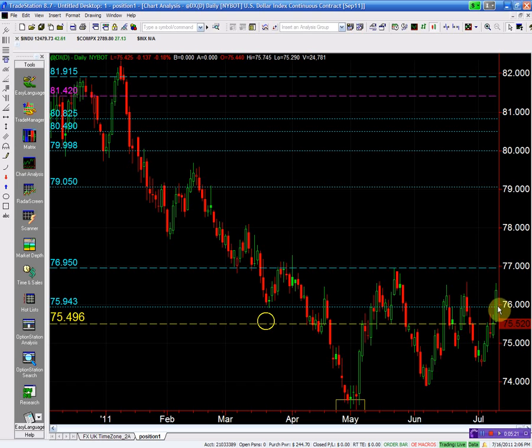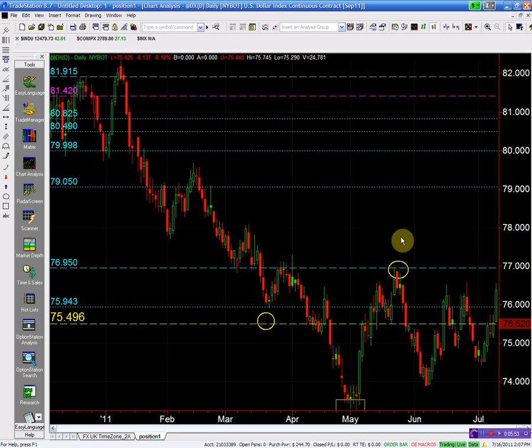And then of course if it breaks above the 76, you're looking for a move to the big structure point, which, like I told you last week, if we do go above the 76.95, then we are looking for a trend change in the dollar, because this is a major structure point, and we should see the dollar actually start an uptrend.